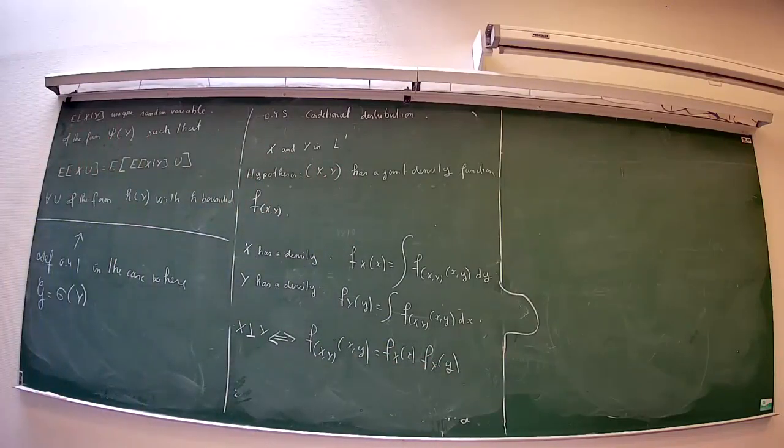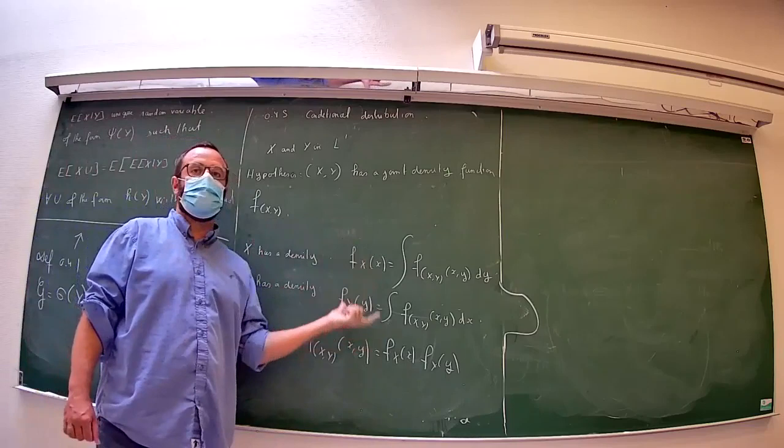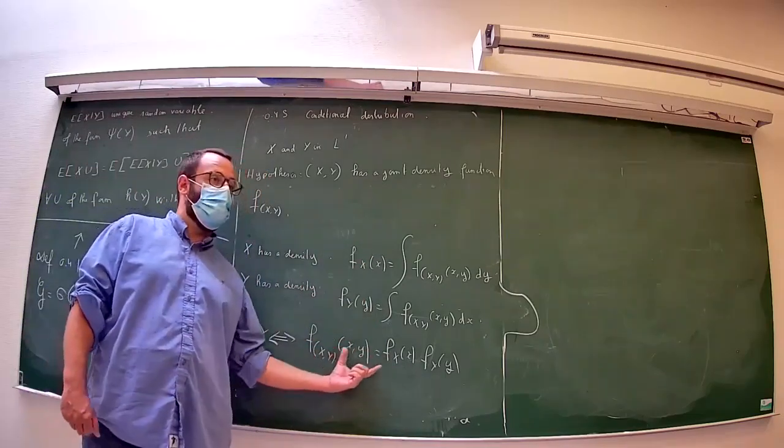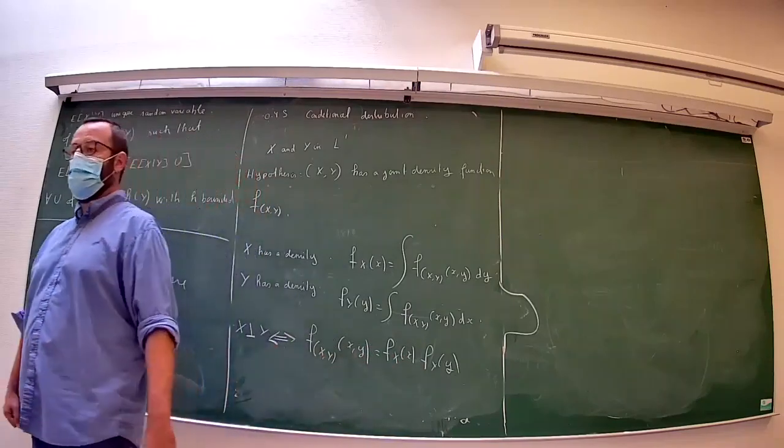So in order to check independence, you just have to check if the joint density may be written as the product of the density of each component, in particular, if you can separate the variables in the expression of the joint density.